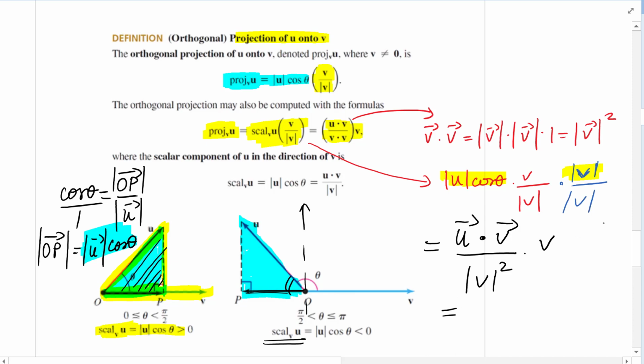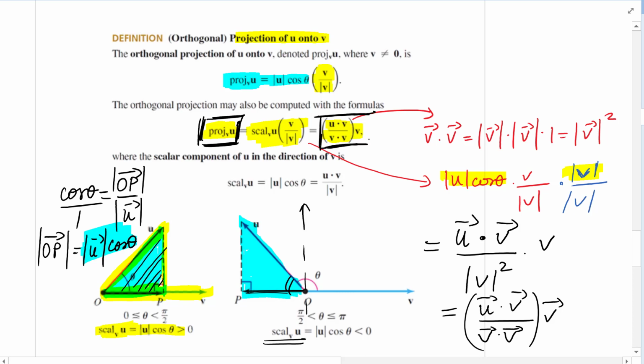So at the top we get u dot v over v dot v, which we just showed up here, times v. So this is the proof that the projection of u onto v can also be written in this form.